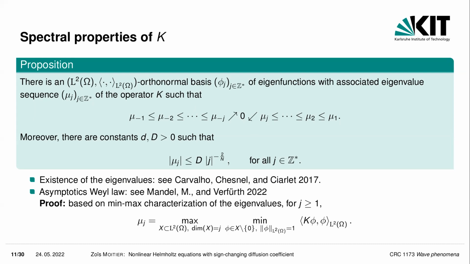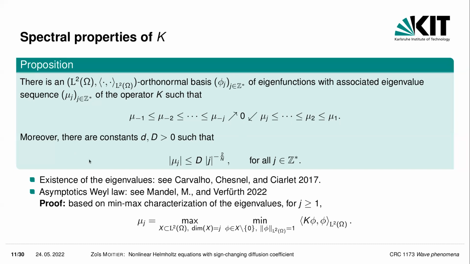And we actually know a little bit more, that we have a positive set of eigenvalues that will accumulate at 0 and a negative set of eigenvalues that will accumulate to 0. So we have an infinite amount of positive eigenvalues and an infinite amount of negative eigenvalues.